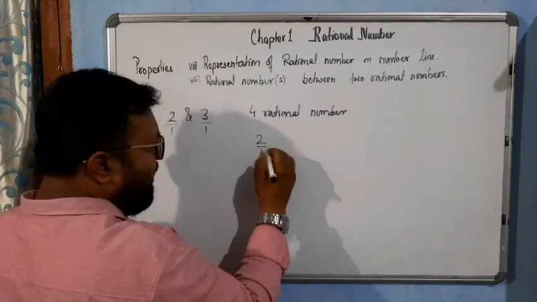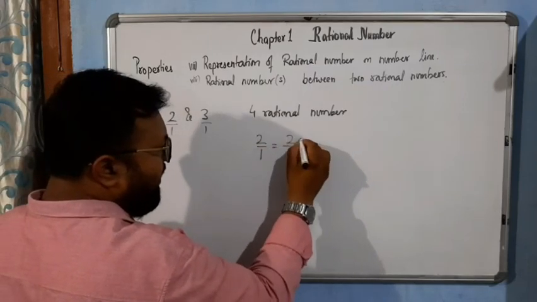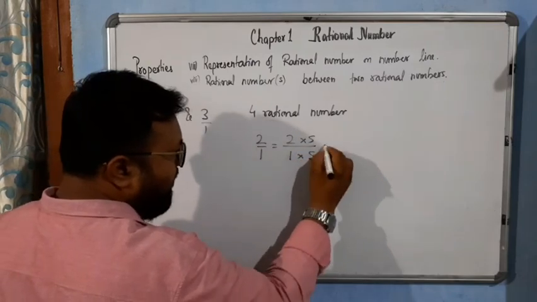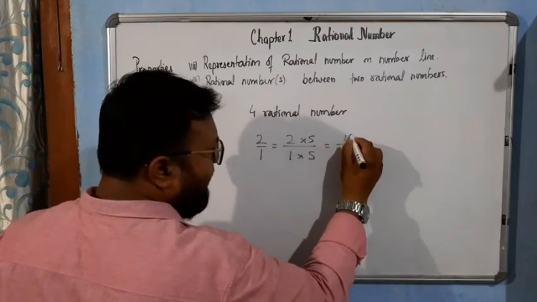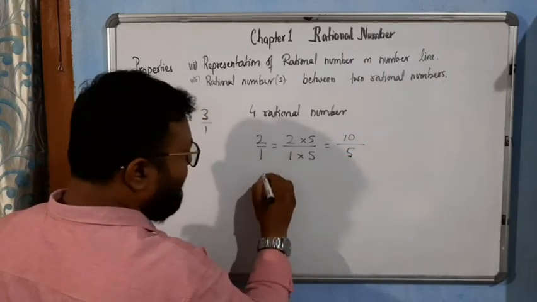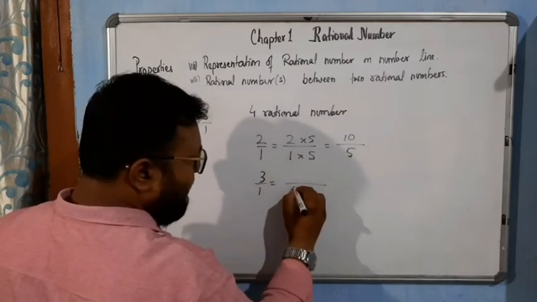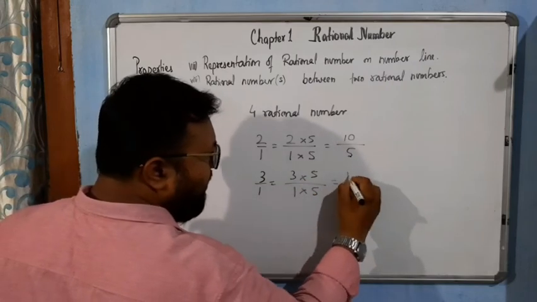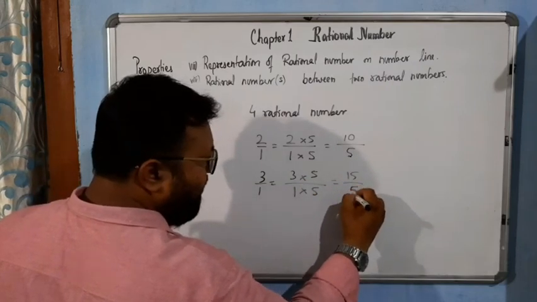So for 2 by 1, since we need 4 rational numbers, we will multiply by 5. So how much are we getting? 10 by 5, and for this one, 5 into 3 gives you 15 by 5.